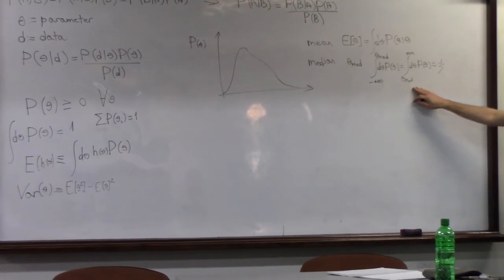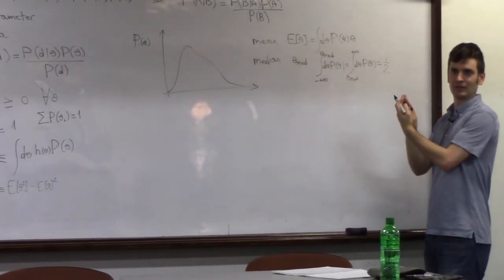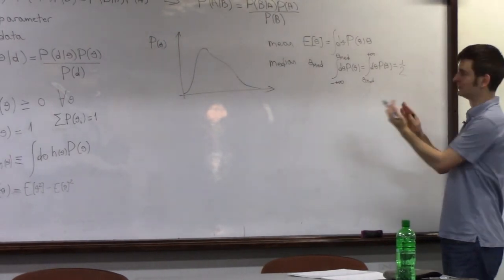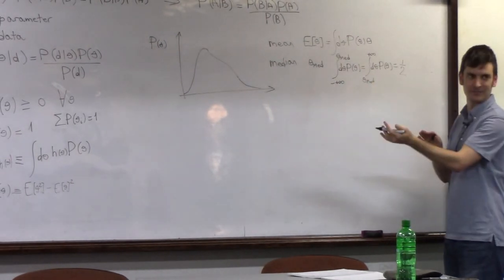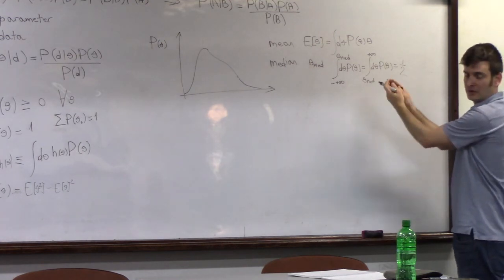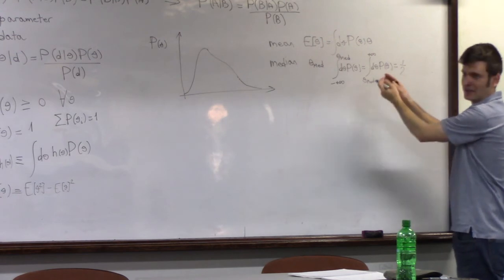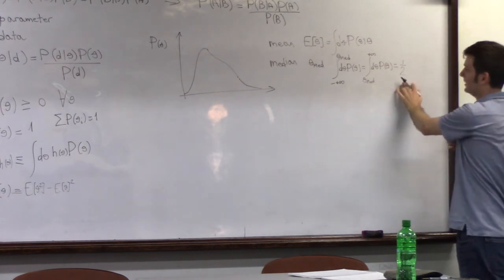What is this? It means the sum over all values smaller than the median is equal to the probability of theta having values larger than the median, equal to a half.